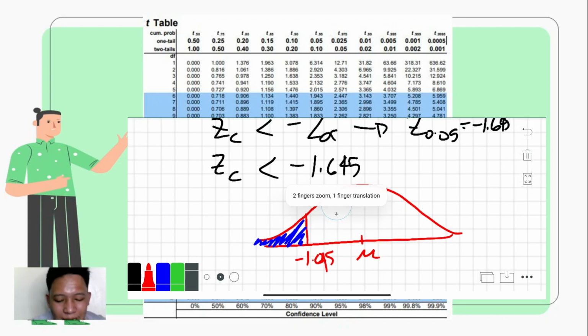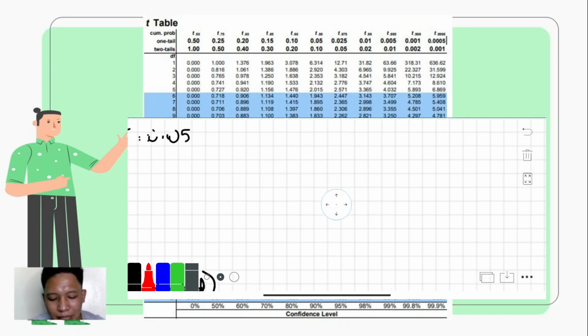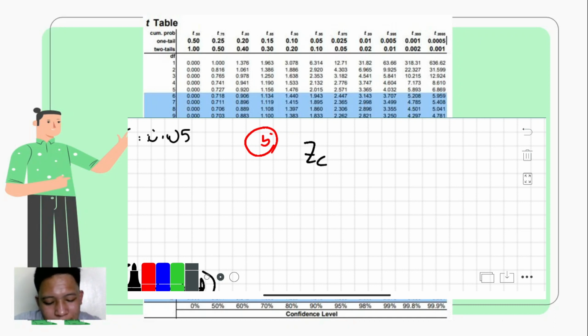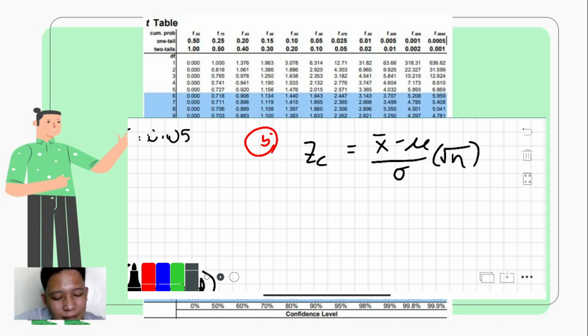Okay. Let us now proceed with step number 5, computing our test statistic. Z computed is equal to the sample mean minus the population mean, over the population standard deviation divided by the square root of n, or multiplied by the square root of n in this form.